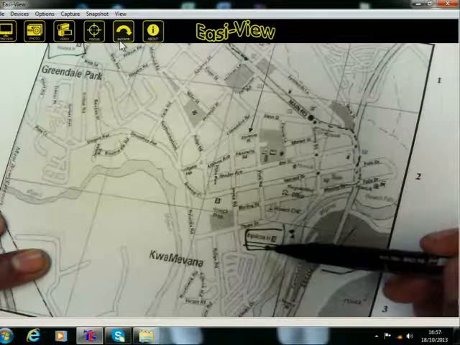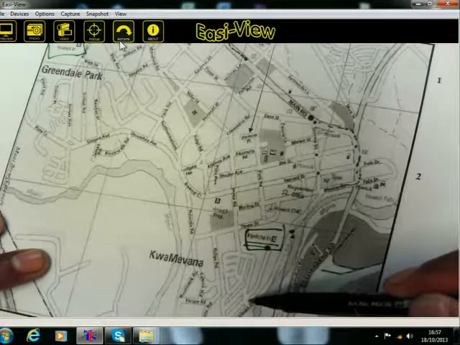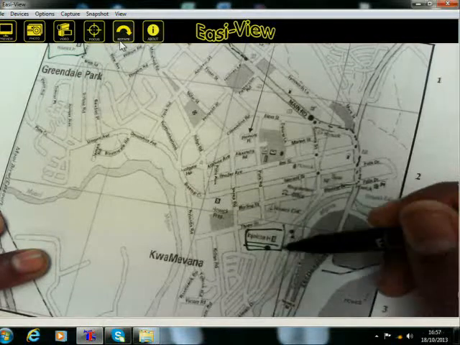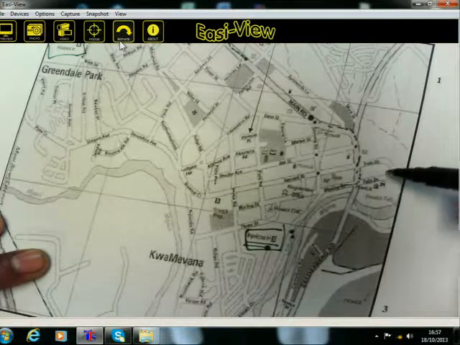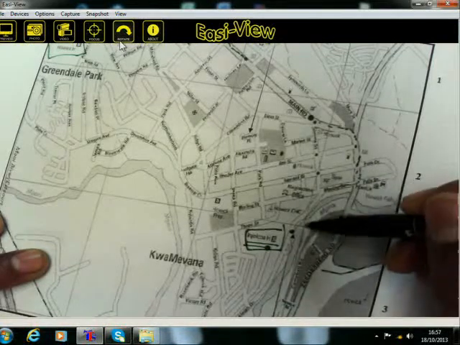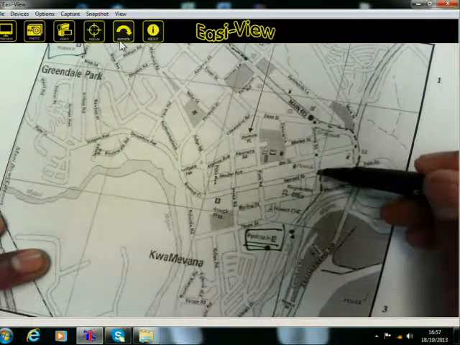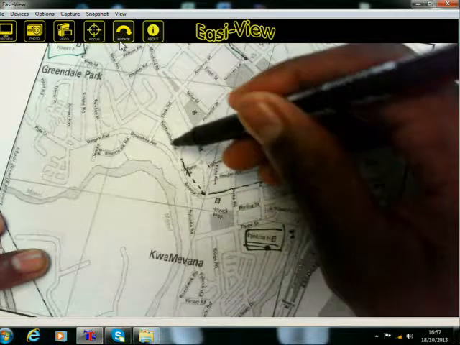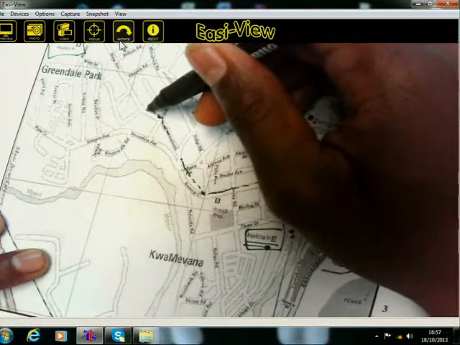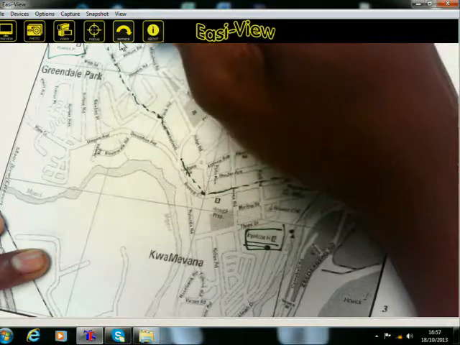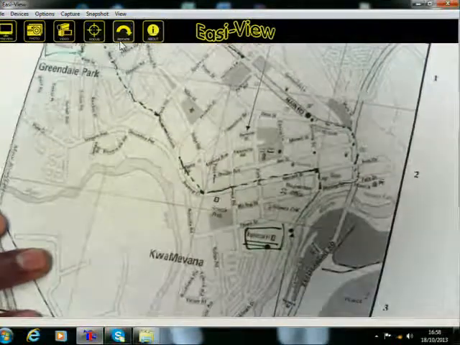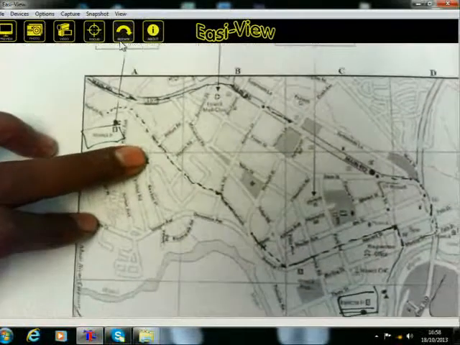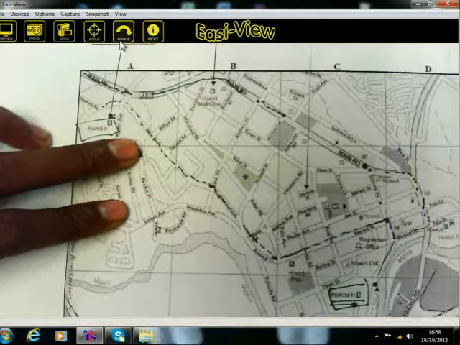Here is another route. We cannot use the main road. We can go this way and turn here and go up, up, up, and up. Let's see now which streets we are going to use.